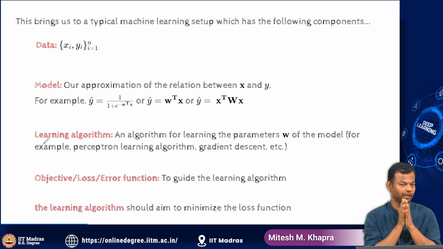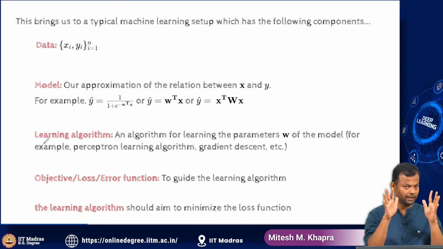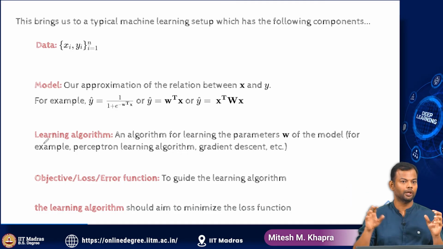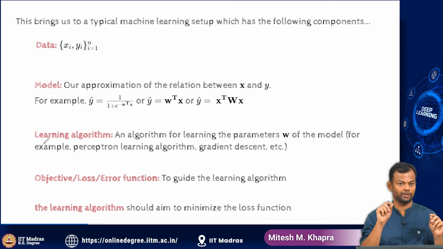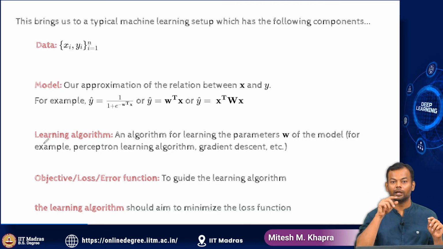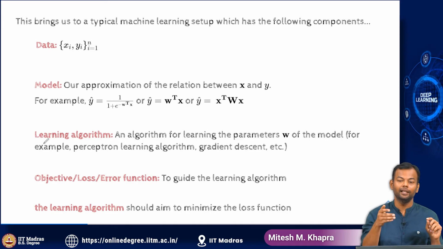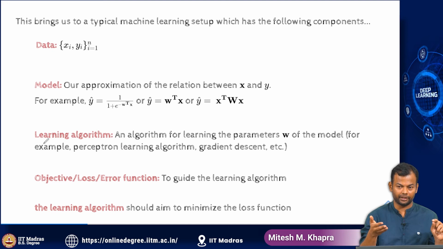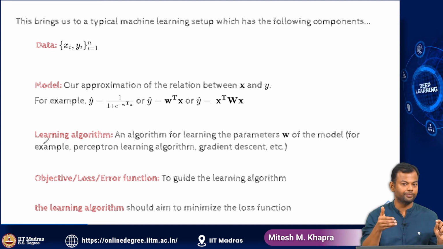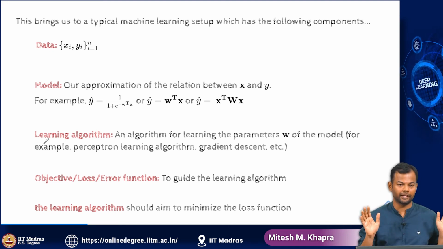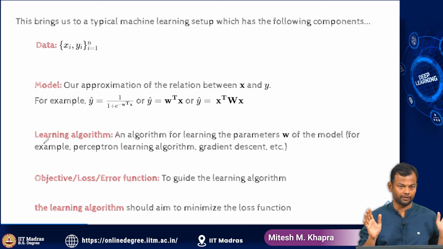So right now, what should be clear is the data setup, those 3 examples that I showed, the model, which is our approximation of the relation between x and y, and the learning algorithm, whose whole point is to learn w. Any learning has to be driven by an objective, and that objective is to minimize the error function.